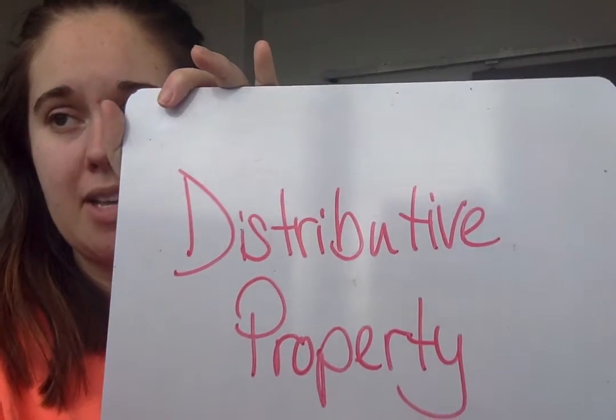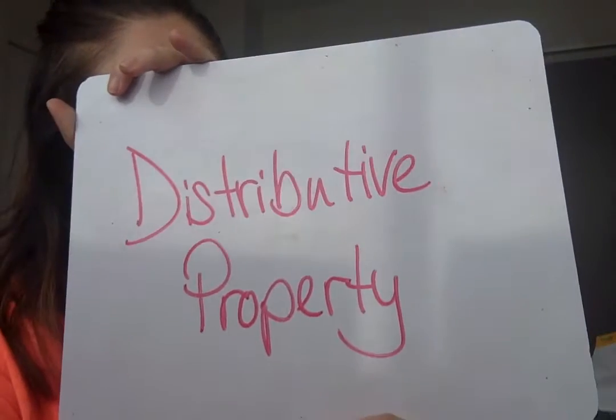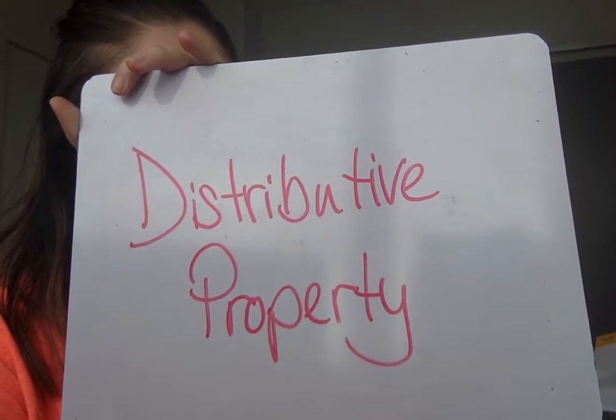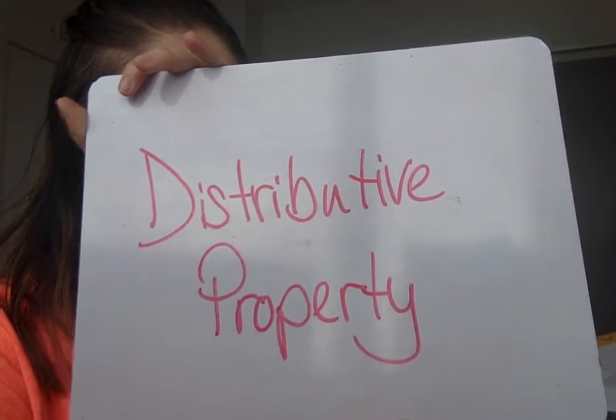That's something you learned in 5th grade. That's something you learned in the 2nd module this year. Distributive property.